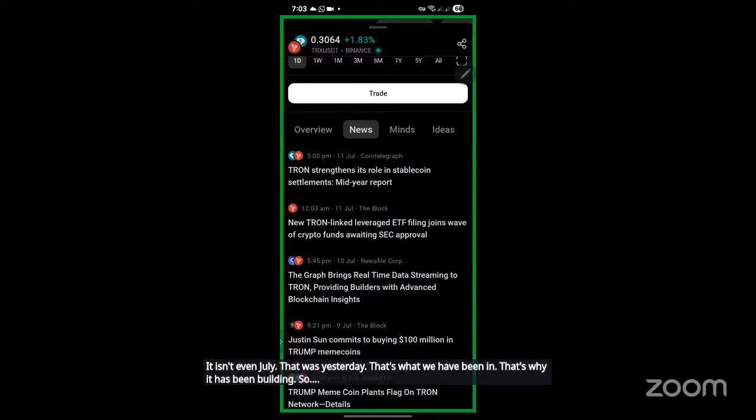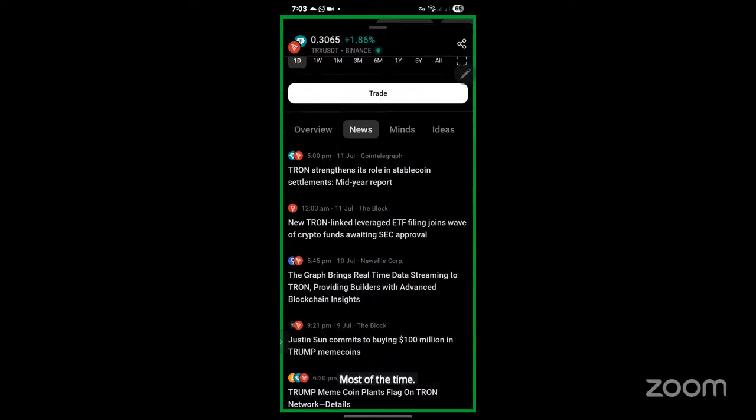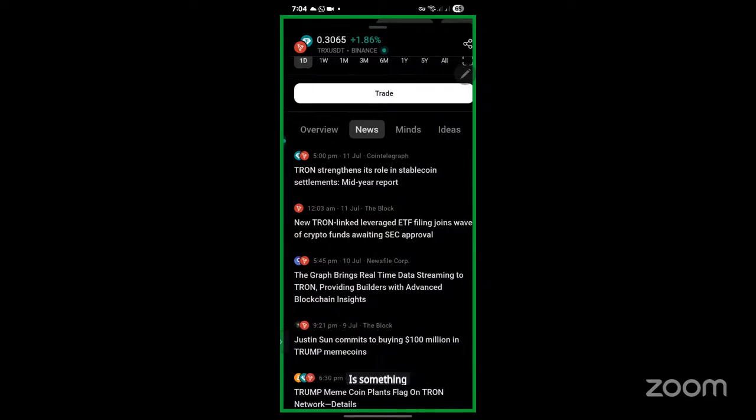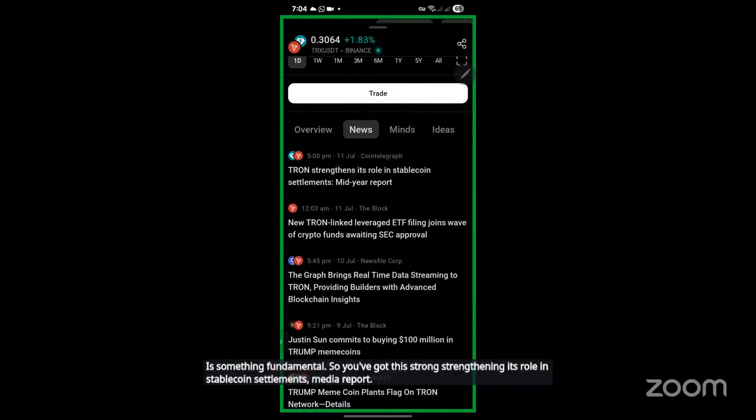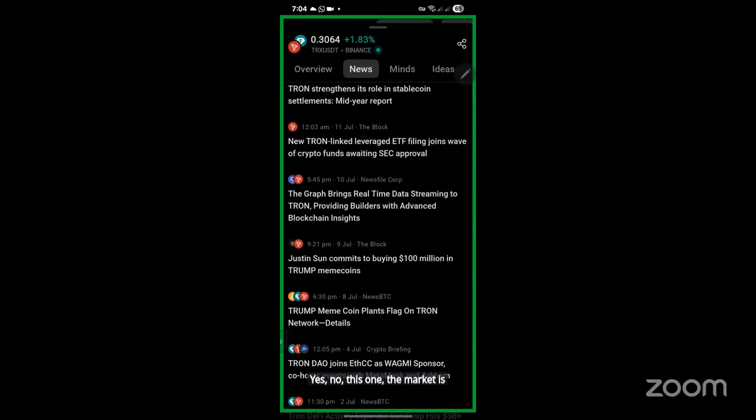So most of the time, indicators will work for you. Technical analysis will work for you, but news is something fundamental. So you look at this trend: Tron strengthening its role in stablecoin settlements, media report. Just know this one, the market is going to be bullish.